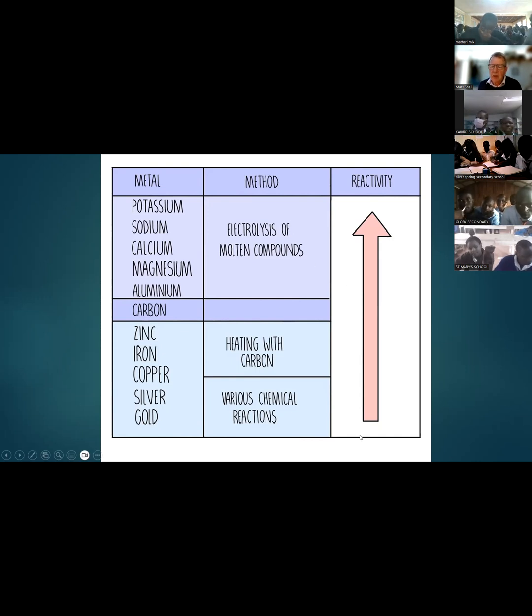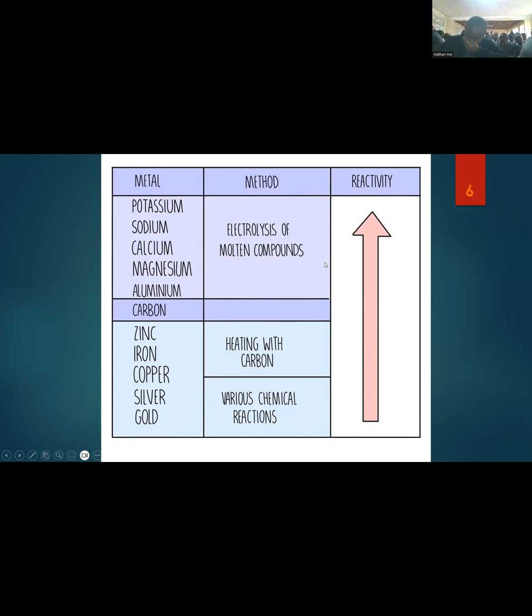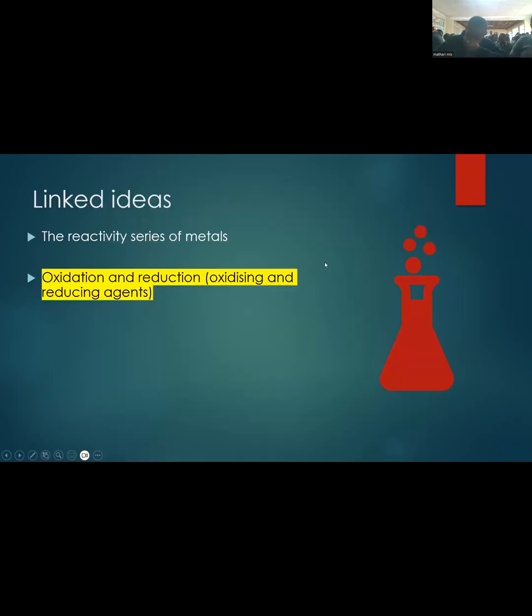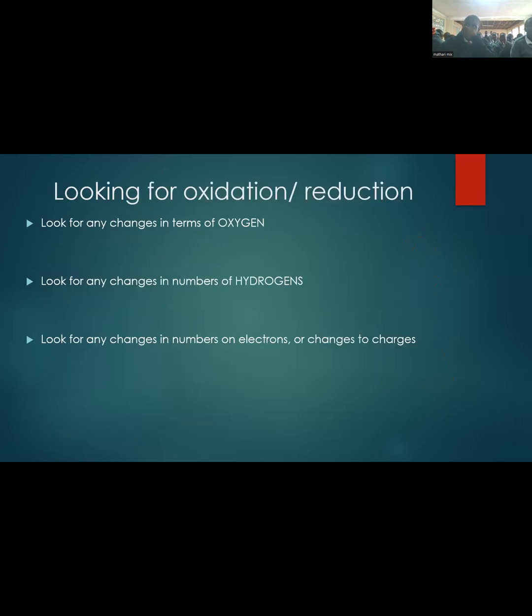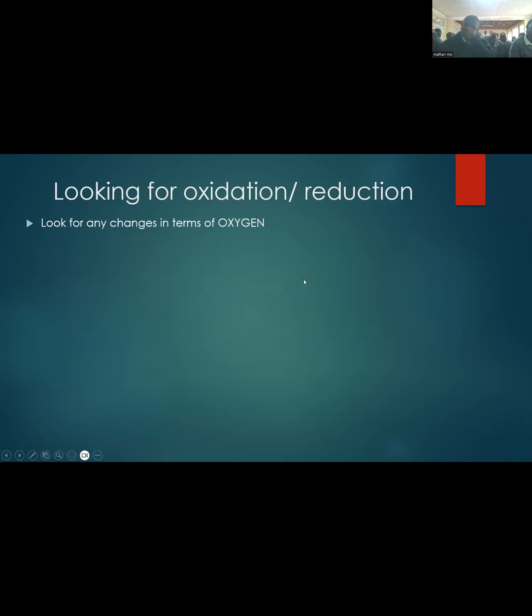Okay, so let's move on. The second thing we need to know about is oxidation and reduction. So oxidation and reduction goes like this. I'm going to go through looking at oxygen, looking at hydrogen, and looking at electrons. So here we go.